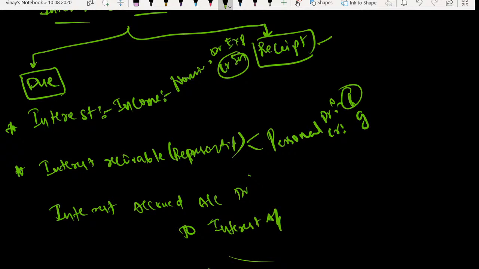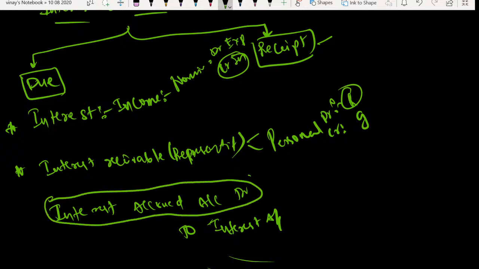So when I get the receipt, then I will reverse this entry with the cash. So I'll cancel interest accrued. So I'm getting money: bank account debit to interest accrued account.